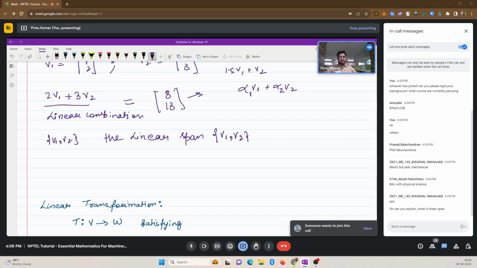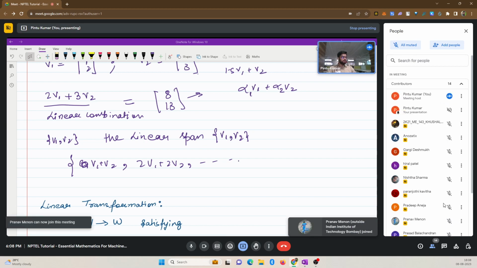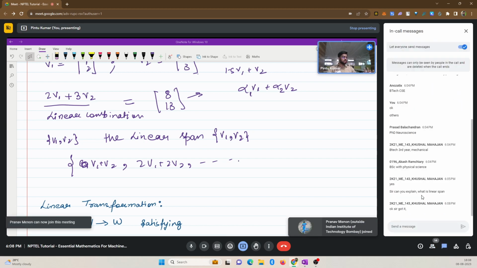So if you take all combinations, let's say v1 plus v2, 2v1 plus 2v2, and so on, you take all possible linear combinations of your vectors, then whatever you obtain is called the linear span of your vectors. So this is what is meant by linear span of vectors.